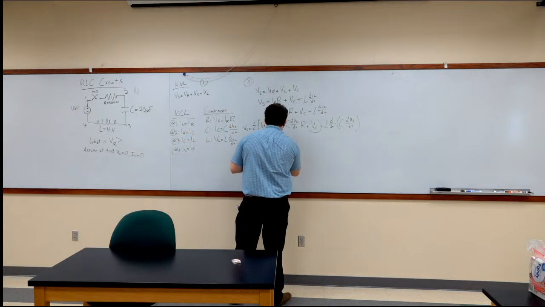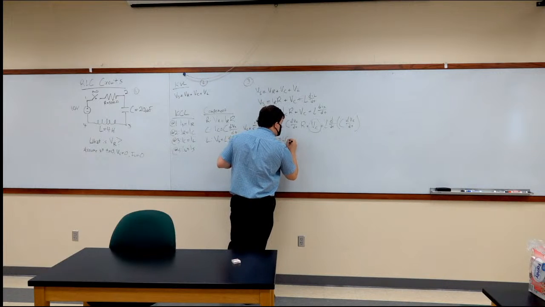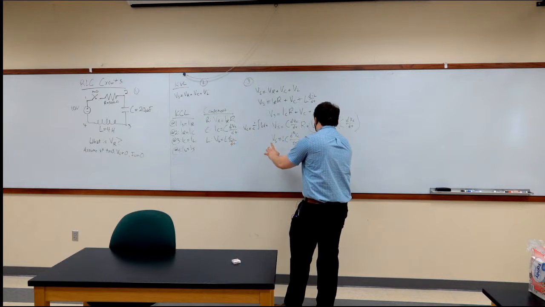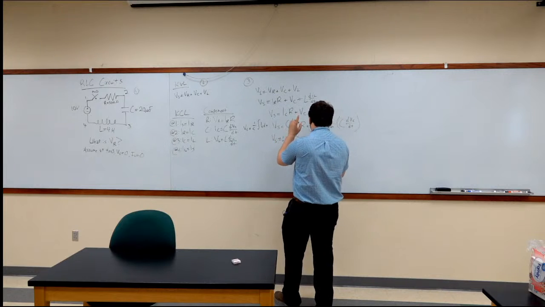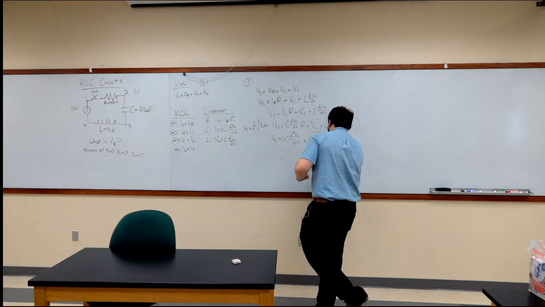VS is equal to LC d squared VC over dt squared plus CR dVC dt plus VC.